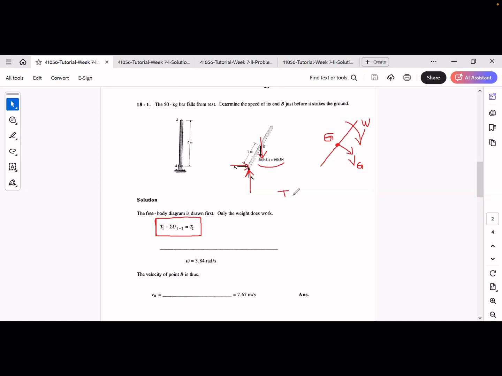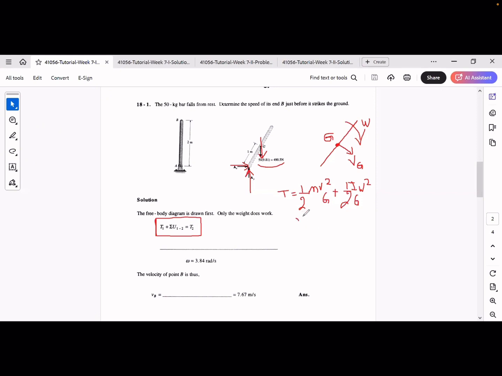T is actually, in this case, half m vG squared plus half IG omega squared.